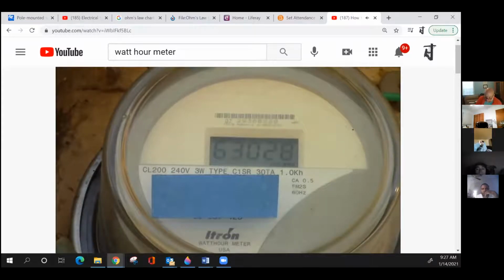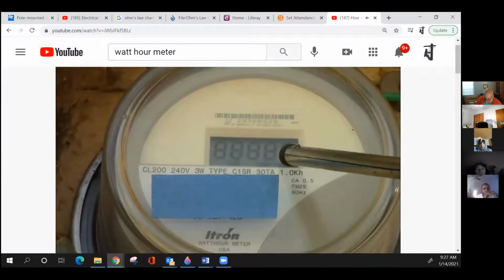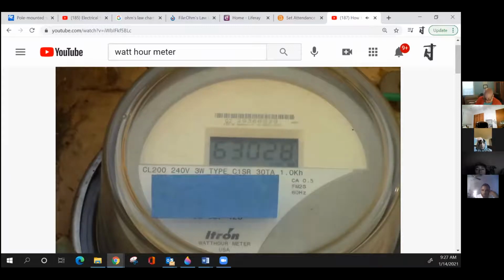The meter flashes every 10 seconds. And if you can see down here, there's some little dots and they're going towards the right. And there's 3 little dots, and each time a dot turns on or off is 1 watt hour.